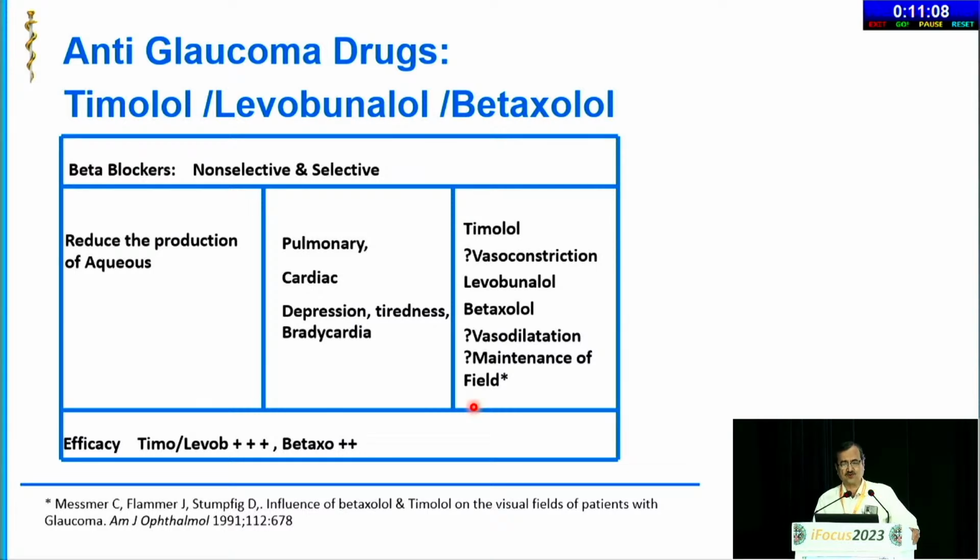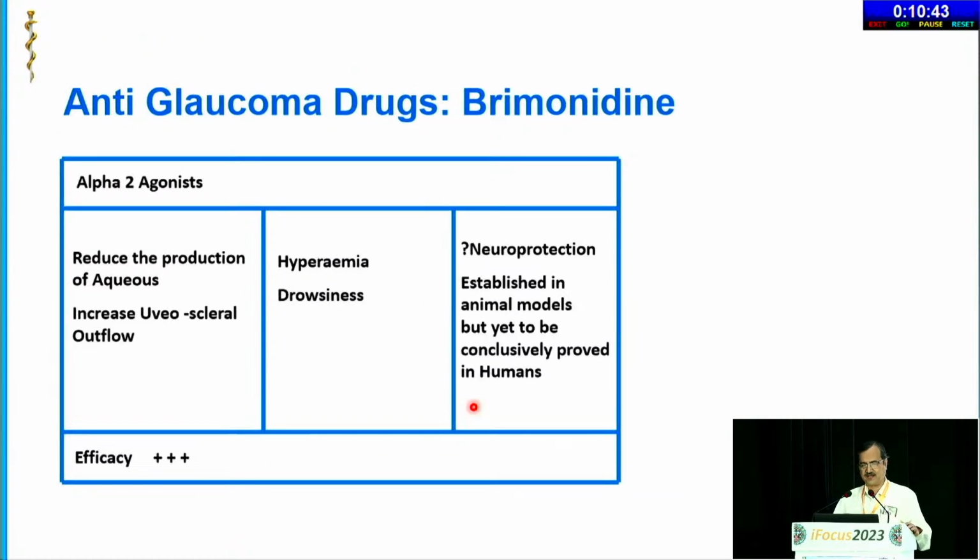Betaxolol may not cause vasoconstriction, and it is supposed to maintain the visual field better. The efficacy is similar, and mind you, whatever new anti-glaucoma medication is coming or on the anvil, they compare their efficacy: I am as good as timolol, I am equal to timolol, I am better than timolol. So timolol still remains the gold standard of medical management.